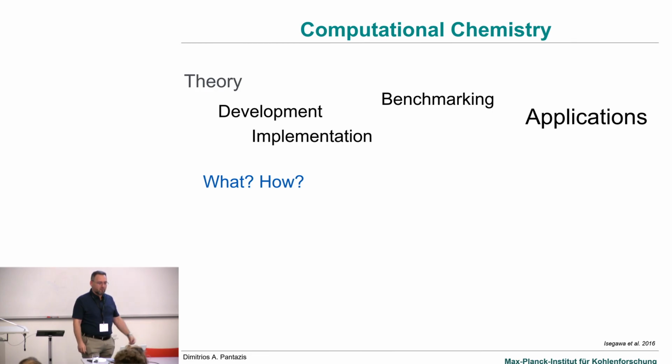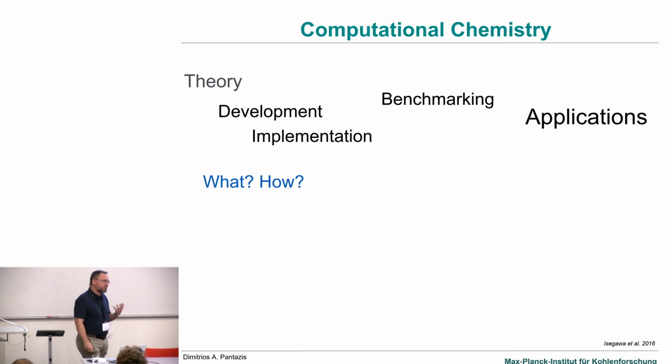One might think about these as activities, not just specific fields. There are people who worry about development: implementing, writing code, making the code faster, or making it run on different platforms.